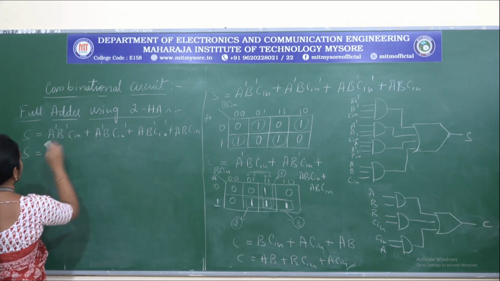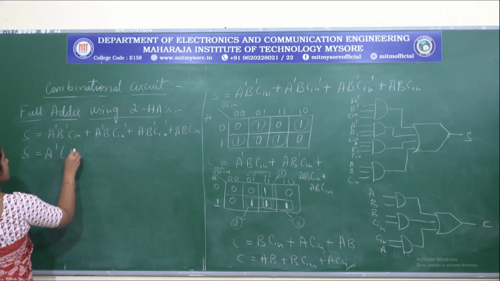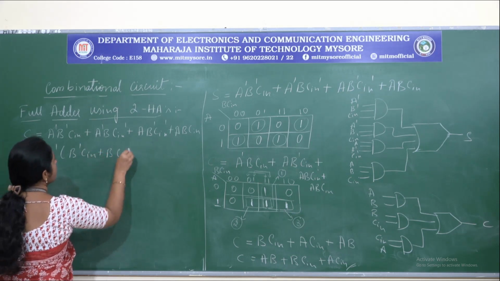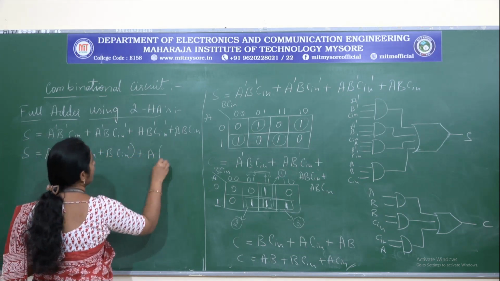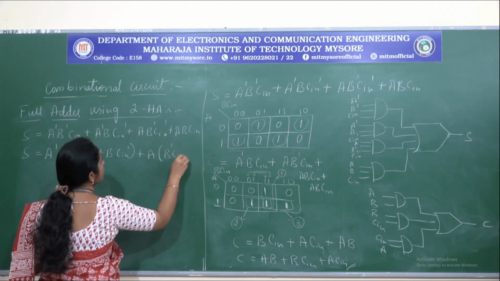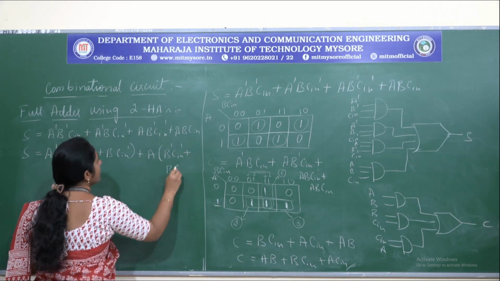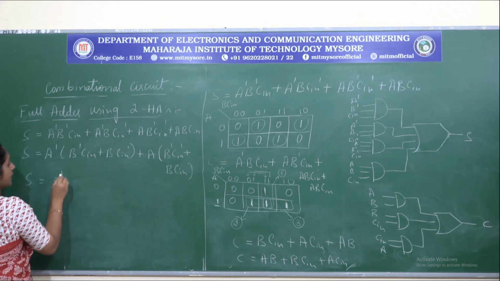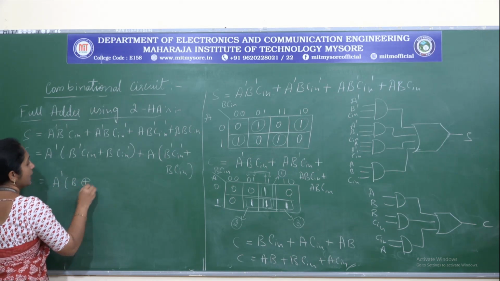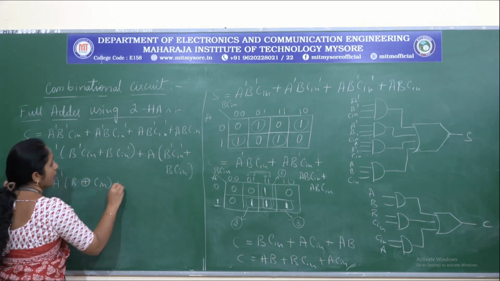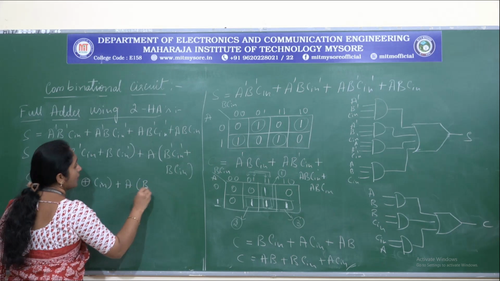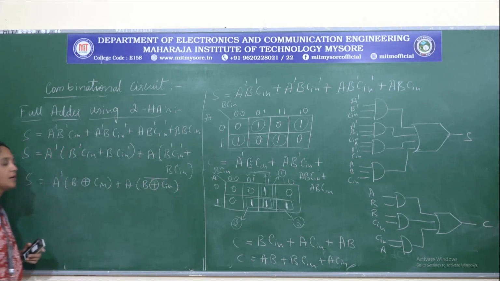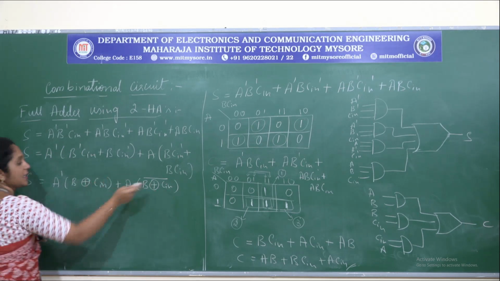Only A dash can be taken out: A dash (B dash C in dash plus B C in), plus A (B dash C in dash plus B C in). Further, this can be written as A dash (B XOR C in) plus A (B XOR C in) bar, that is B XNOR C in.